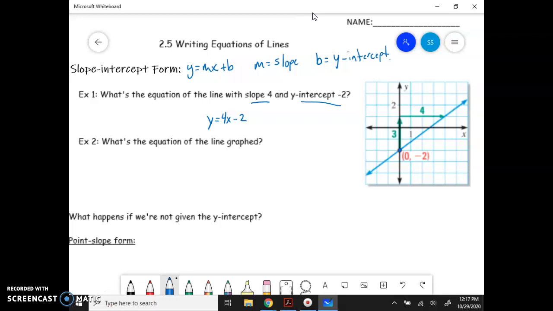Let's look at example number 2. What is the equation of the line that's graphed here? So again, we're going to start at the y-intercept at this point 0, negative 2. So the y-intercept is negative 2, and our m is, it's like we're going up 1, 2, 3 over 4.